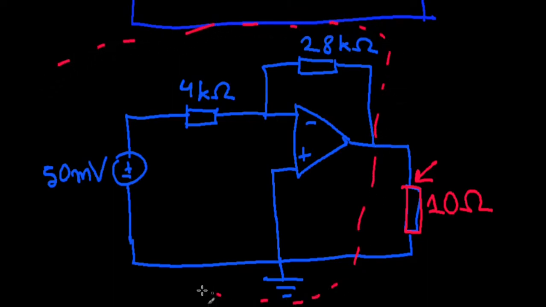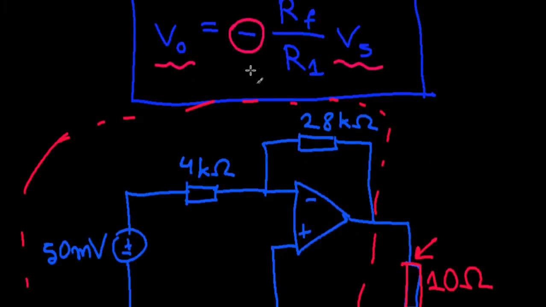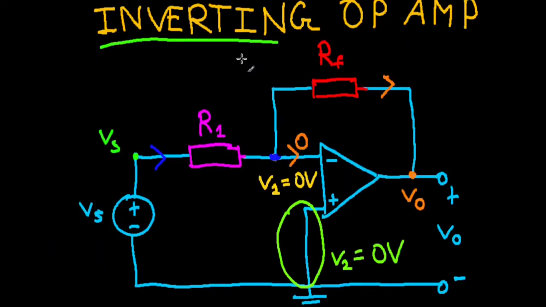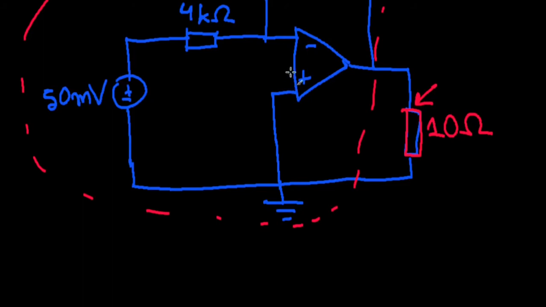is basically an inverting op amp. We need to be a bit careful when we try to see which op amp it is, because all the conditions need to be met. Here, one really important condition is that your non-inverting input is connected to the ground. Suppose this were 1 volt right here; you could not have that.